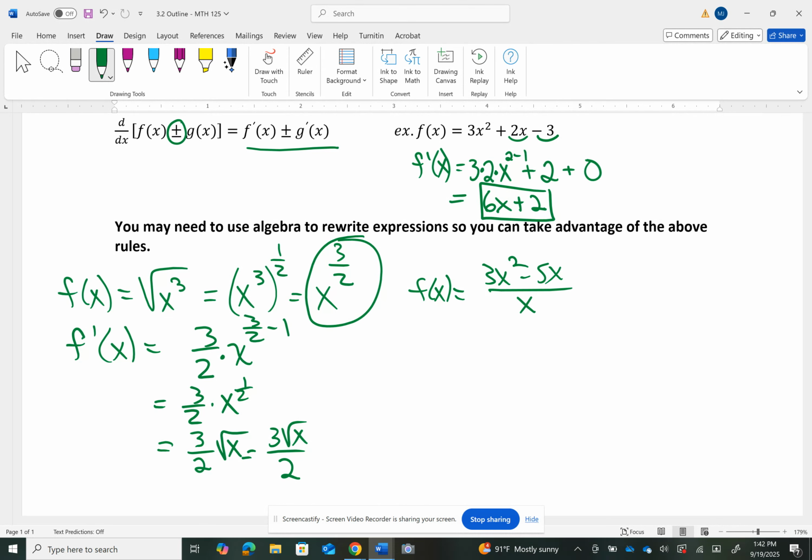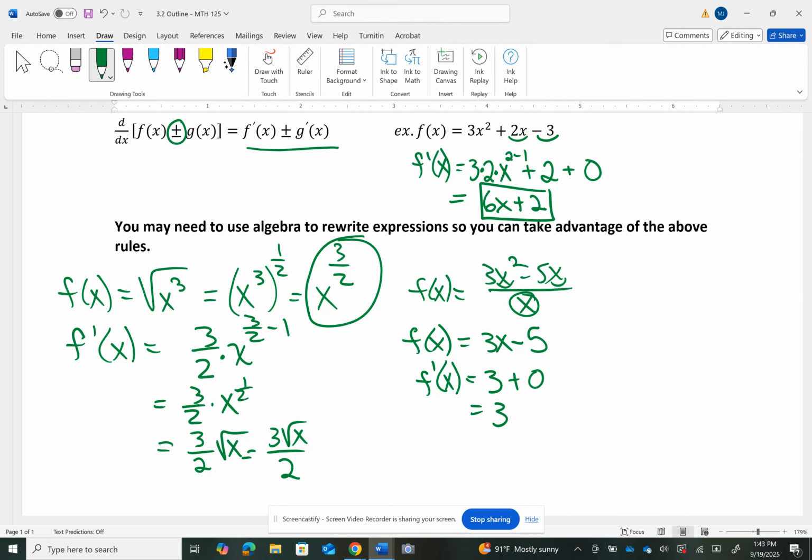But if you understand some basic algebra, since x is really a factor of the numerator, there's an x in both terms up there and just a single x down there, can't I knock one of those x's out of each term? And that's still, I haven't done a derivative yet, I've just simplified, and that way I can just use what we talked about. The derivative of 3x is 3, derivative of -5 would be 0, so the answer would be 3. So sometimes you need to do a little rewriting.